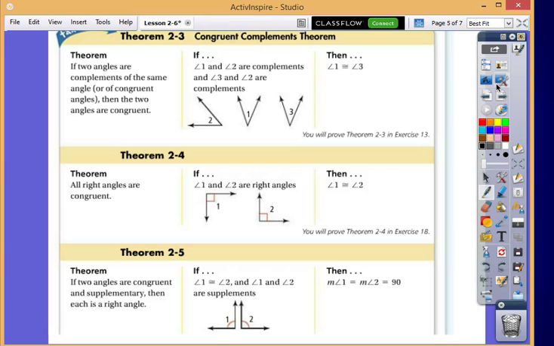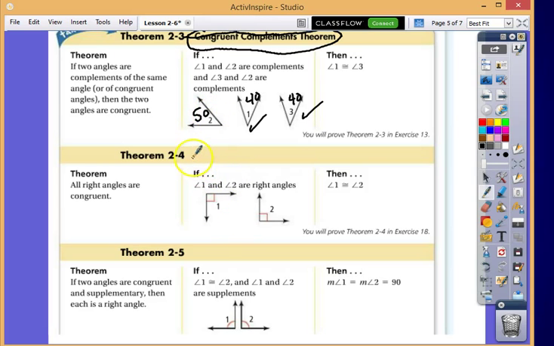There you go. That's what I like to hear. So that means if 2 were 50, what would 1 be? 40. What would 3 be? 40. Because 1 and 3 are complementary, they have to add up to be 90. Hey, what a coinky-dink. They're both the same. So on your note card, congruent complements theorem, and then maybe I put the if-then on the back.